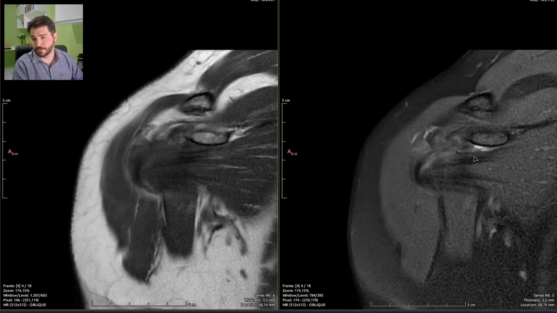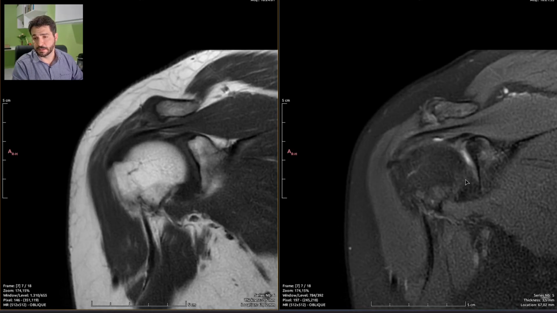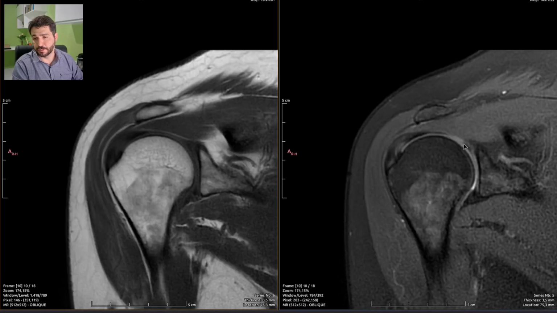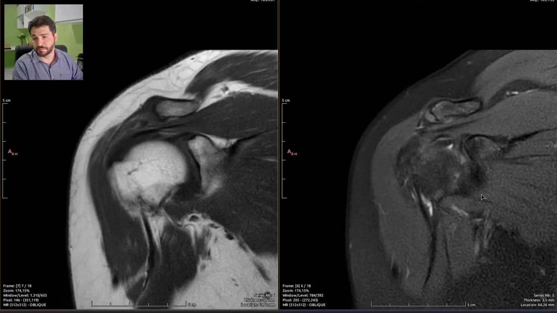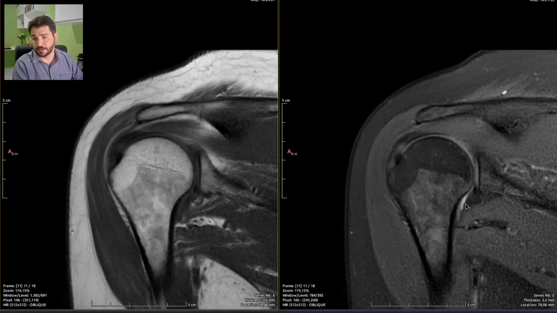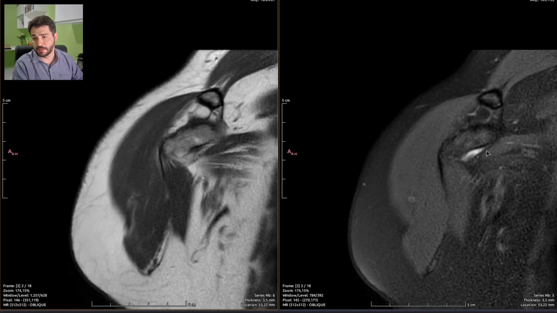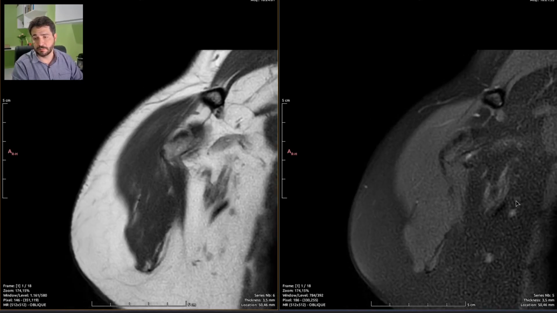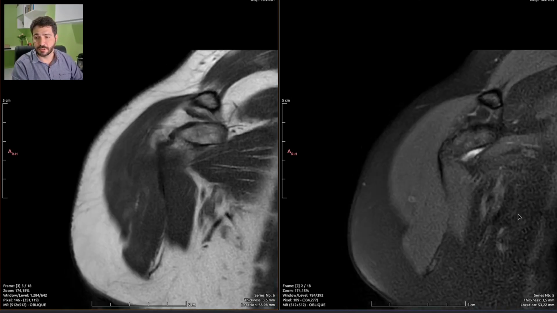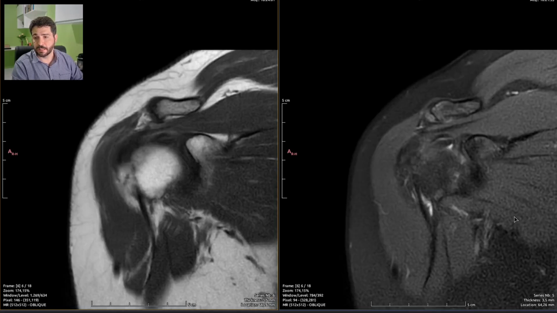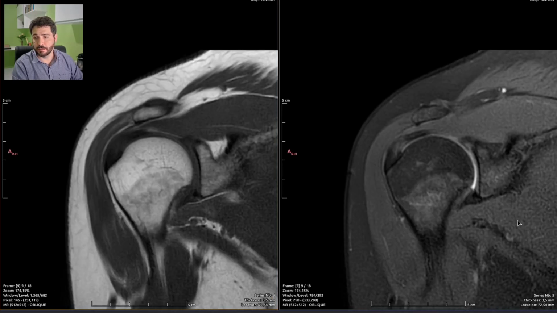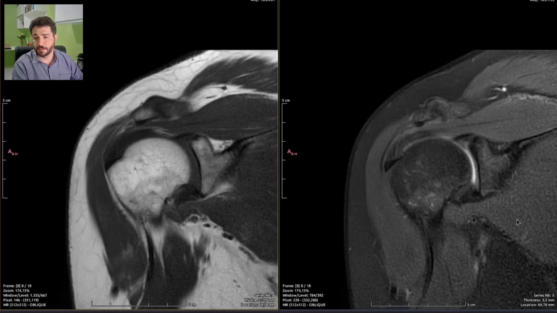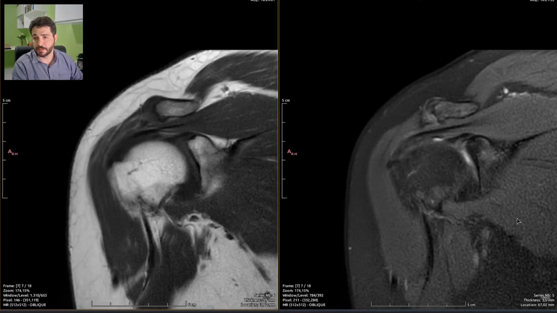Remember, this bursa is in most cases an extension of the joint space. So if the joint is filled with liquid, so is the bursa. Sometimes it isn't. The bursa is distended on its own, and we can call it a bursitis. In this case, I won't call it either way, neither effusion nor bursitis, because it doesn't look like that.